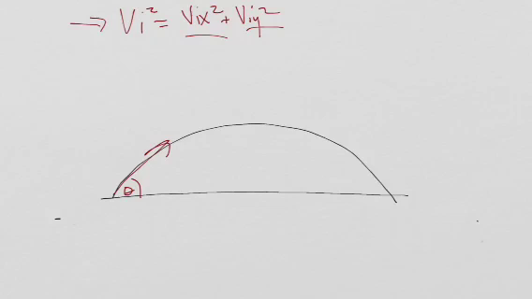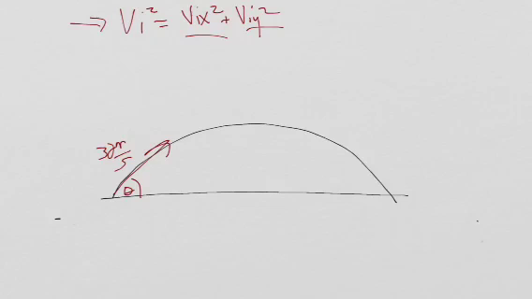So if this is, let's say, 30 meters per second, this initial velocity, this 30 meters per second, involves not only its horizontal velocity, or its VIX, or just its VX in general, because it doesn't change, but it also incorporates its VIY.